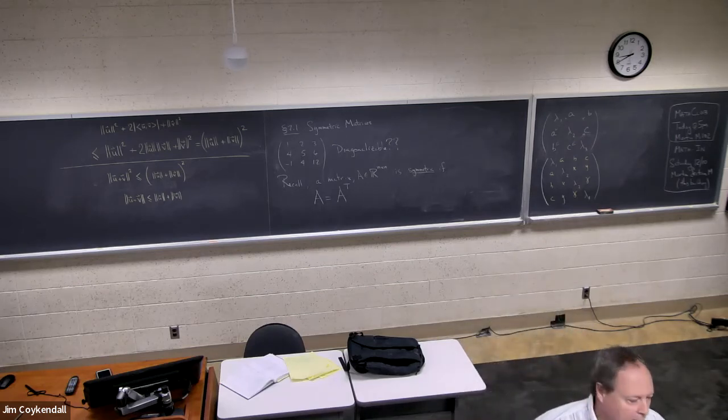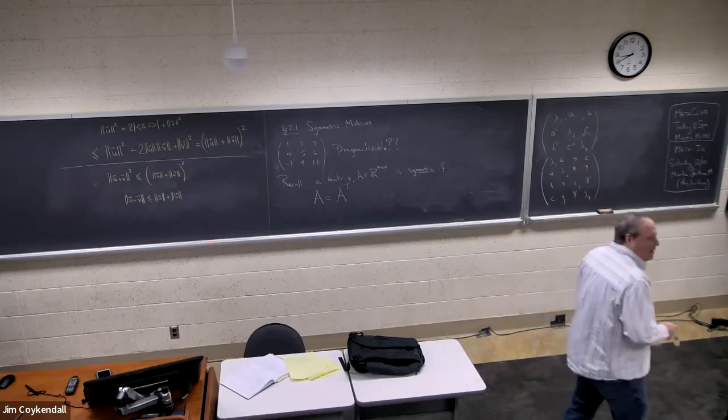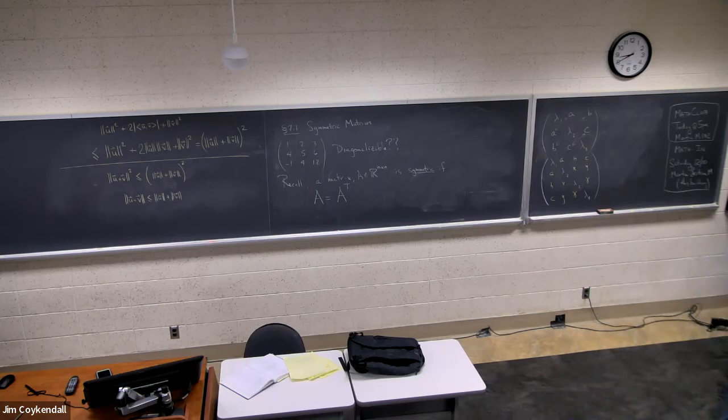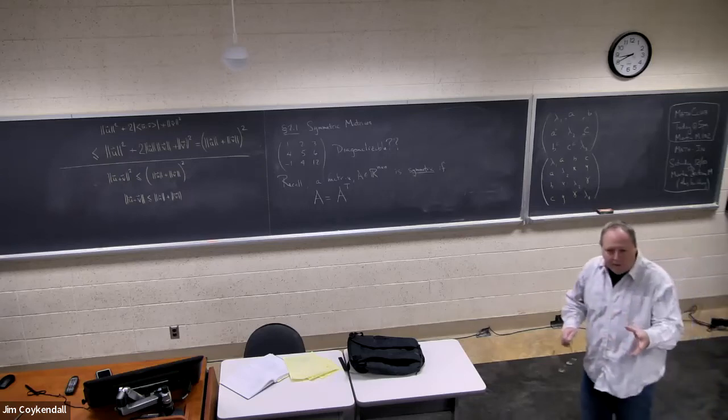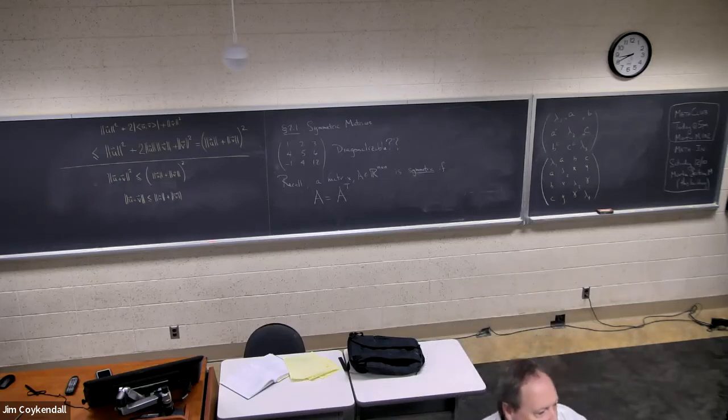Let me give you a spoiler, right? Symmetric matrices have all real eigenvalues. That is not obvious, right? But whenever you encounter a symmetric real matrix, it will have all real eigenvalues.